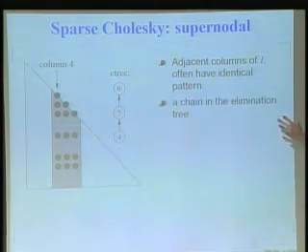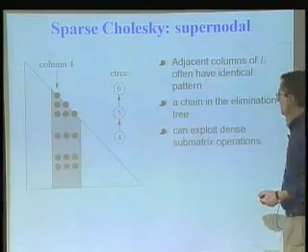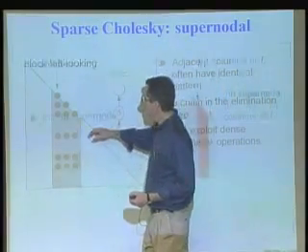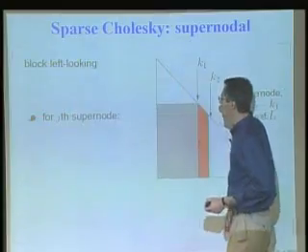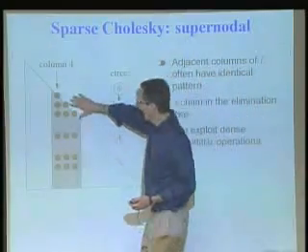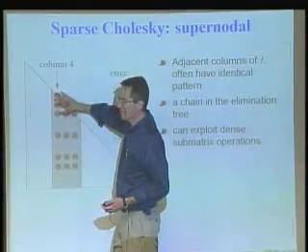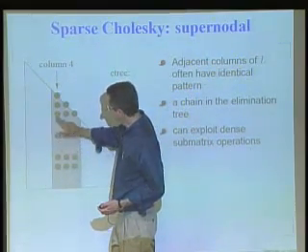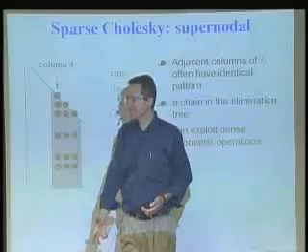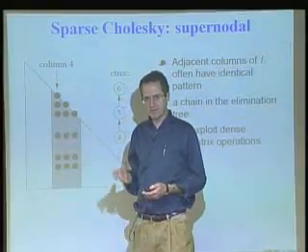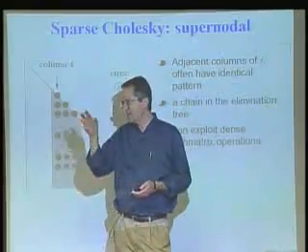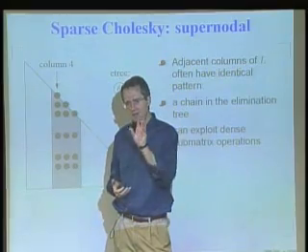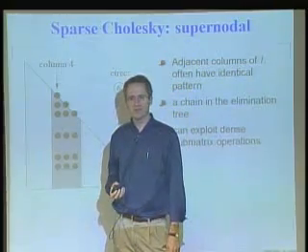And it's from a chain in this elimination tree. And what can happen is we can exploit dense matrix operations. I don't have to use irregular data structures for this. I can pack this in a little bitty 6x3 dense matrix. So I take these values, pack them in a 6x3 dense matrix, and do a little Cholesky factorization on those.